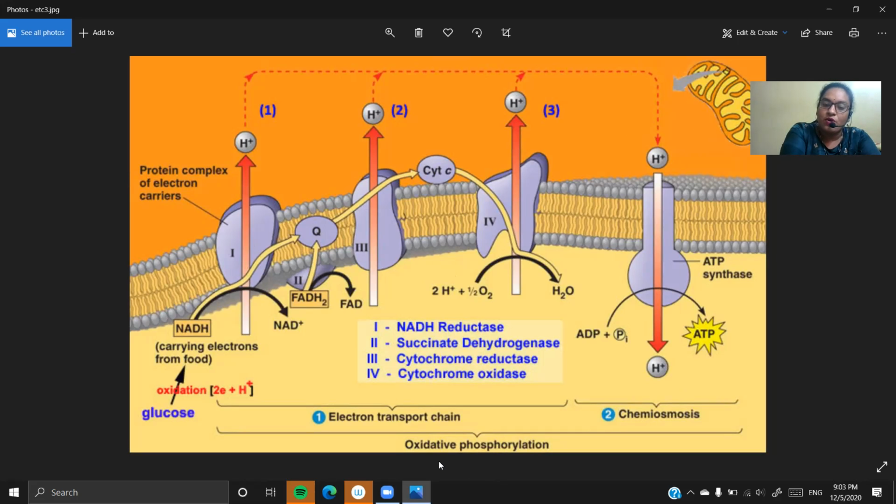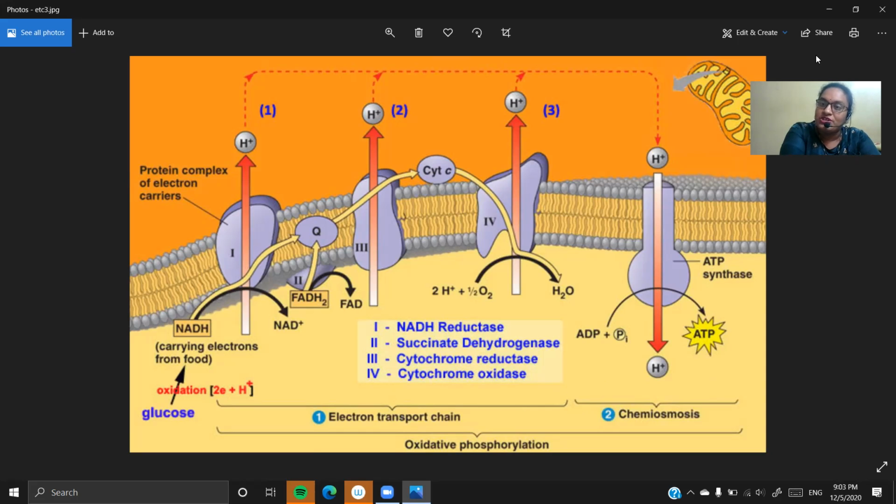Just remember, children, that oxidative phosphorylation means what? Production of ATP by the ADP and Pi reaction, using energy, in the presence of oxygen. So this oxidative phosphorylation in our cellular respiration has the electron transport chain as one unit, as well as chemiosmosis as a second unit. This is very, very important to remember.